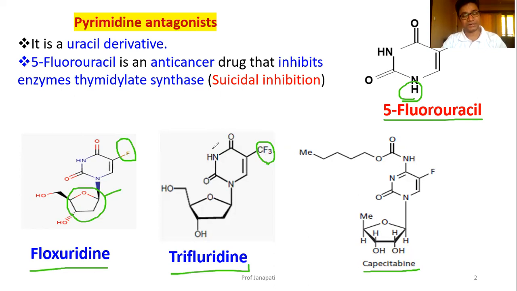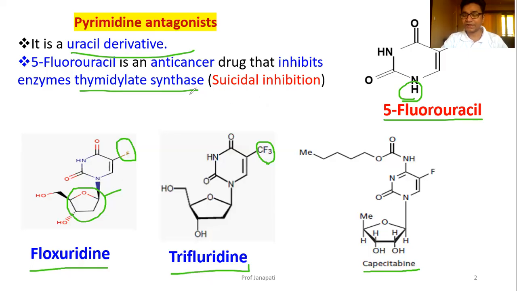Pyrimidine antagonists, under that, uracil derivatives. That's what they are. Now, this 5-fluorouracil is blocking thymidylate synthase. I told you in the previous video that methotrexate also blocks thymidylate synthase indirectly because there is no formation of N5-N10 methylene FH4.